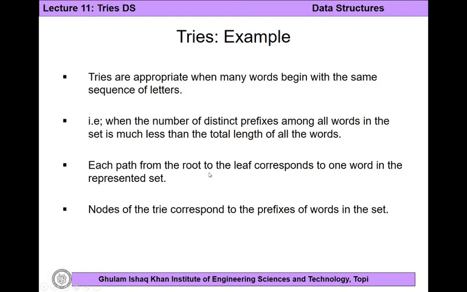Each path from the root to the leaf corresponds to one word in the represented set, where if you notice, the leaf is represented by a node having a $ sign. Nodes of the tries correspond to the prefixes of words in the set.